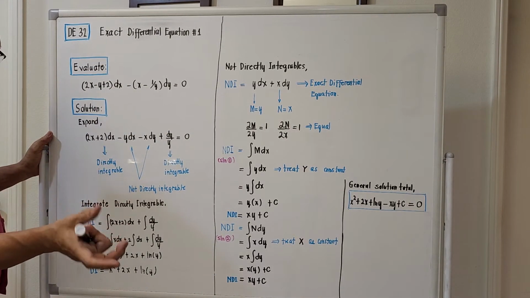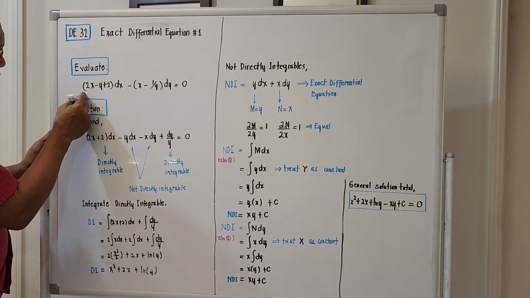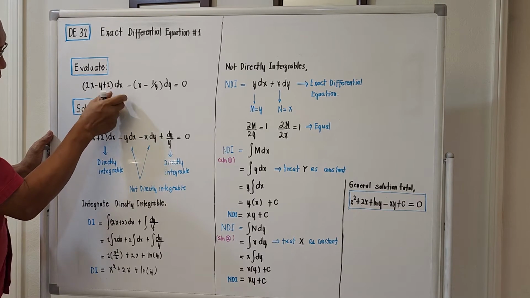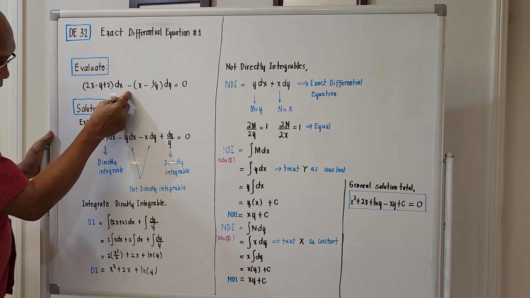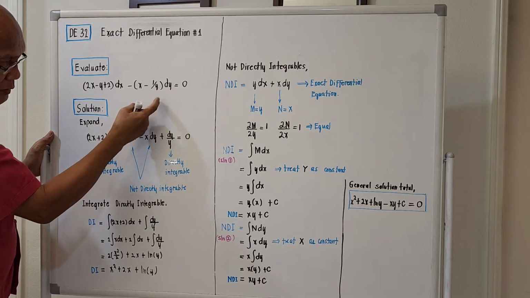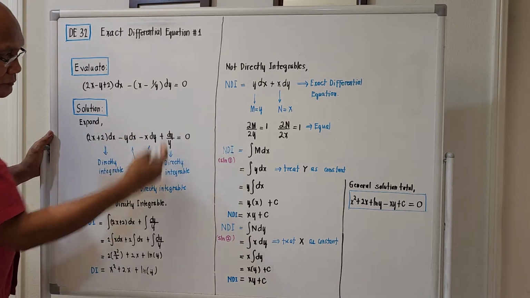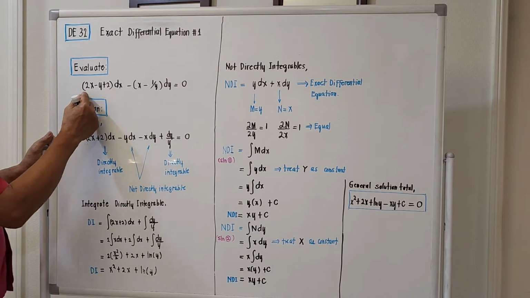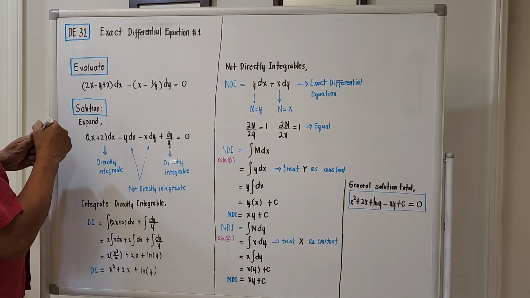Evaluate the given differential equation: open quantity 2x minus y plus 2 close quantity dx minus open quantity x minus 1 over y close quantity dy equal to 0. We are given this differential equation here.